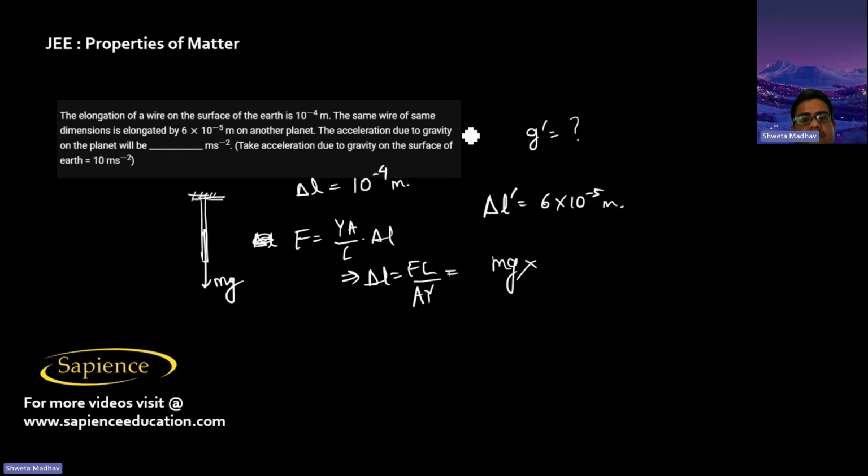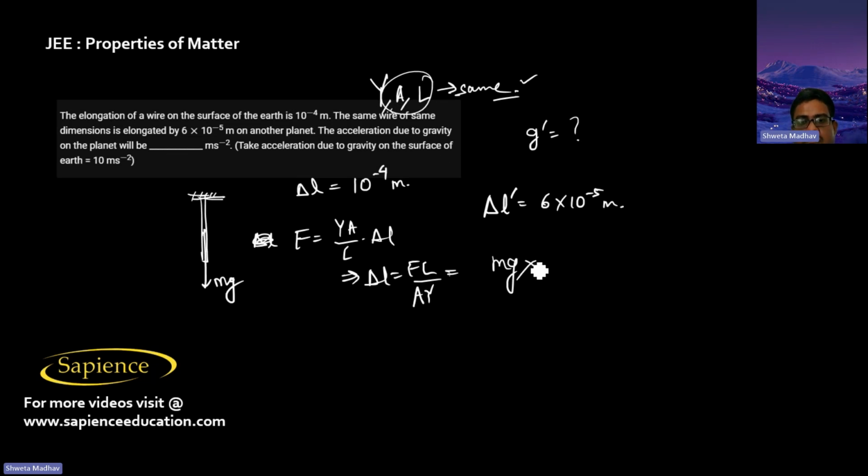Same wire of same dimensions means the area of cross section and the length will be the same. It also means the Young's modulus will be the same, since the material is also the same.